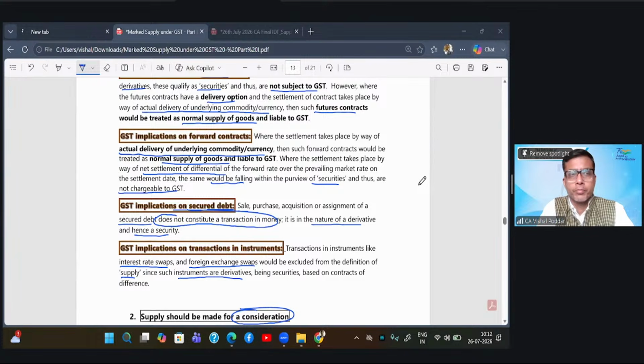And the last one is, sir, in the securities part, you were explaining about the derivative part. In that case, sir, whether speculative transactions are out of GST. See, speculative transaction, this term is not used in GST, it is used in income tax, correct? Right, sir. In GST, please understand, beta, what is speculative?